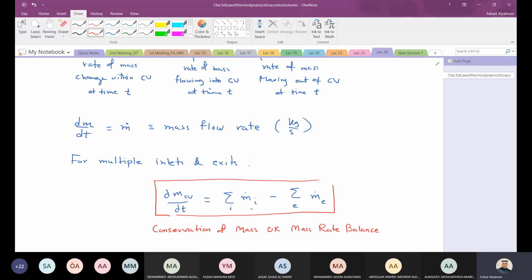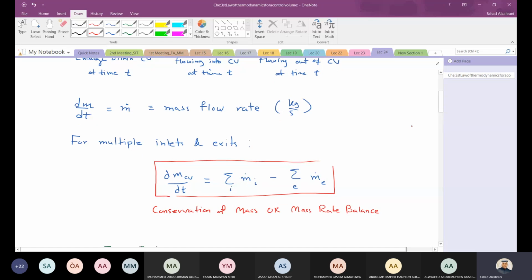Okay, so the rate of change of the mass within the control volume equals the summation of all mass flow rates into the control volume minus the summation of all mass flow rates exiting the control volume. Okay, and this is the general equation for the conservation of mass, or the mass rate balance, in other words. All right, clear? All good? Yes. Okay.